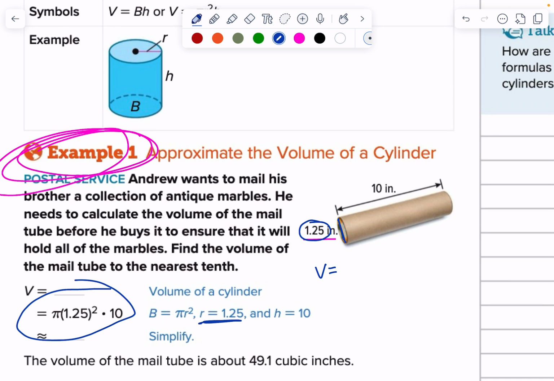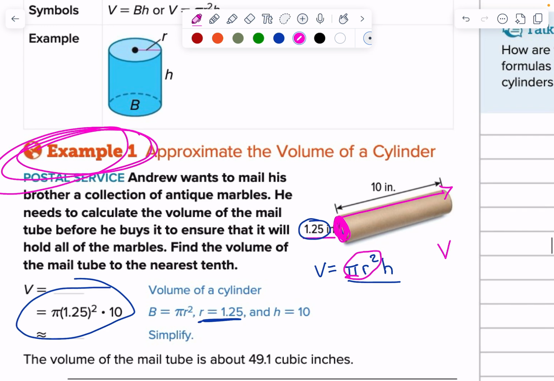All right, volume of a cylinder is pi r squared times the height. Now, just for those of you who like these formulas to make sense, pi r squared is the area of a circle. So they're just basically finding the area of this and then filling it in using the height. Because the volume of a prism was capital B times H, and capital B was the area of the base.